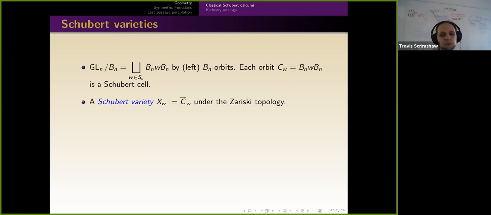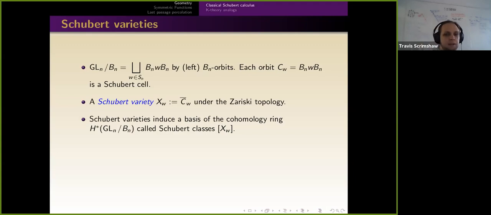It's not Hausdorff, but it's motivated by the study of ideals, and it turns out to be a very natural kind of topology to look at. We can take the closure of these Schubert cells, and these give us Schubert varieties, which have been very well studied from many different viewpoints.